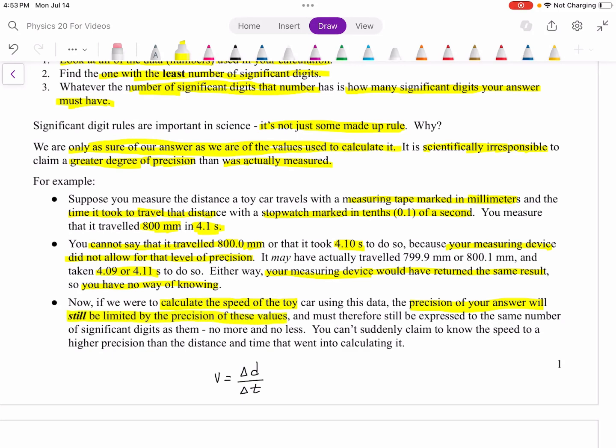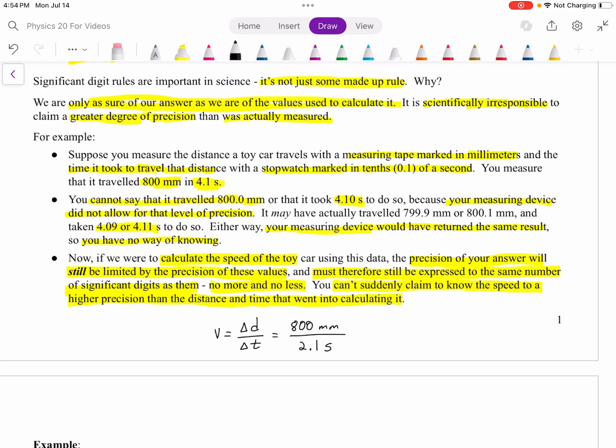It still needs to be expressed to the same number of significant digits, no more and no less, because we can't suddenly claim to know the speed to a higher precision than the distance and the time that went into calculating it. So if we actually put those numbers into our calculator, we do 800 millimeters as the distance divided by 2.1 seconds as the time, here's what you're going to get.